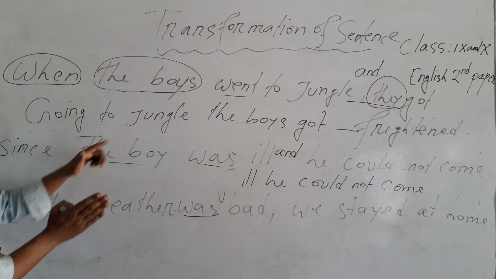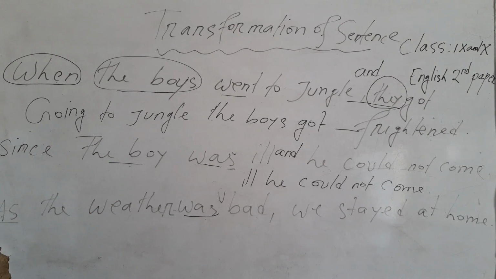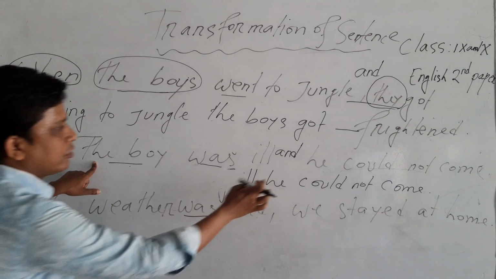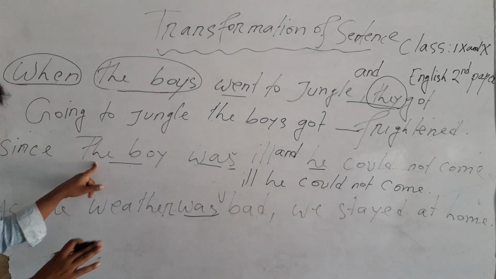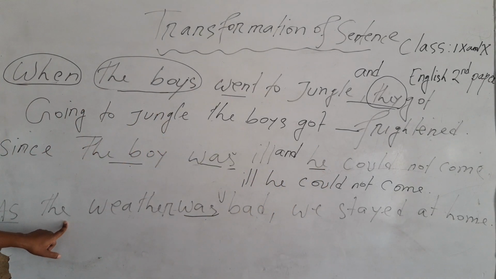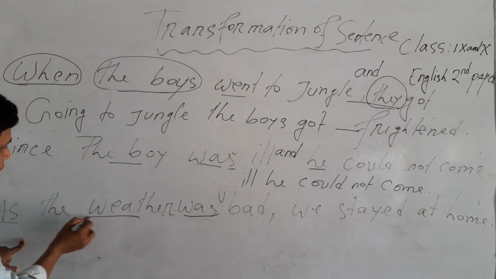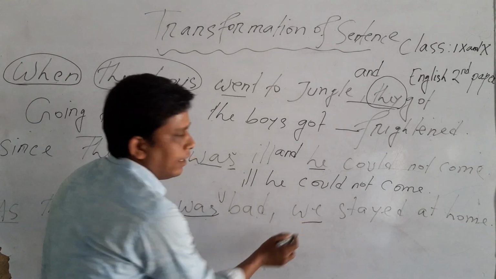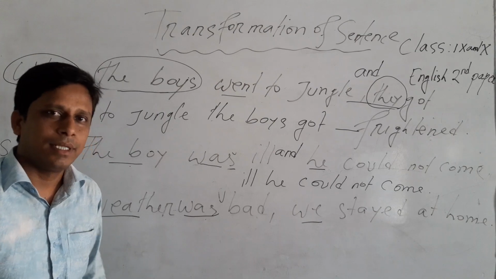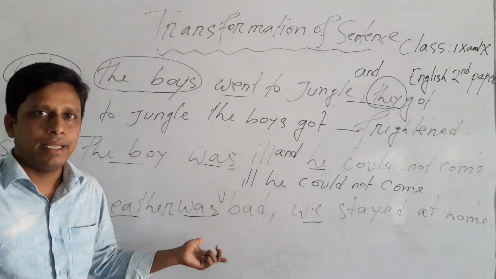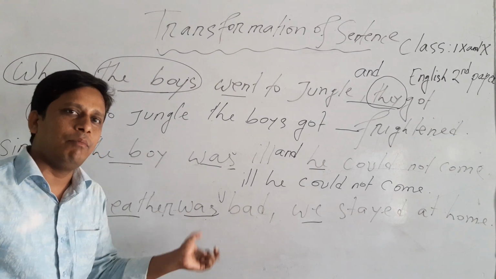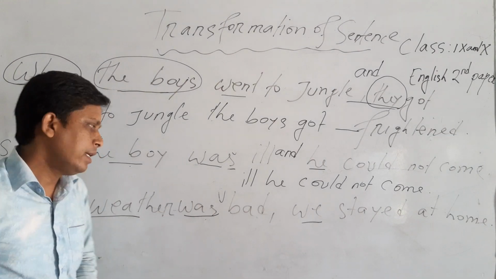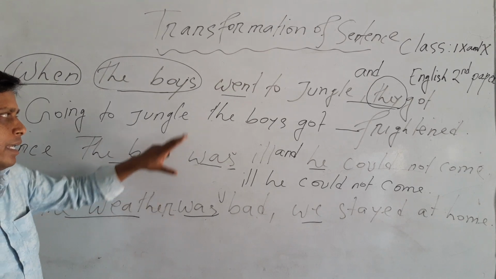Then what is the difference between these two sentences? Notice, the two subjects of the second sentence were the same person. But notice here, the two subjects, I mean the weather and we, are not the same. This is the difference here. And because of this difference, we need to change the form of the rule. How?